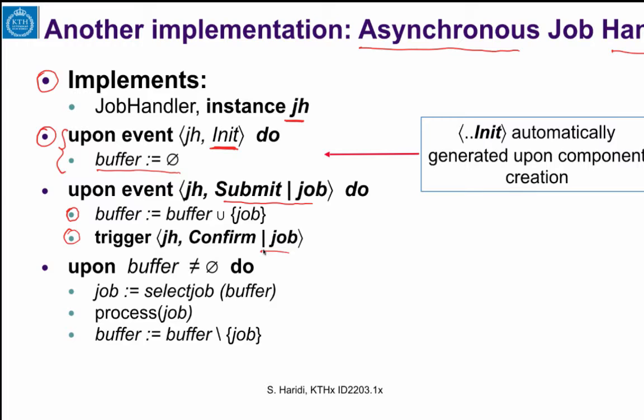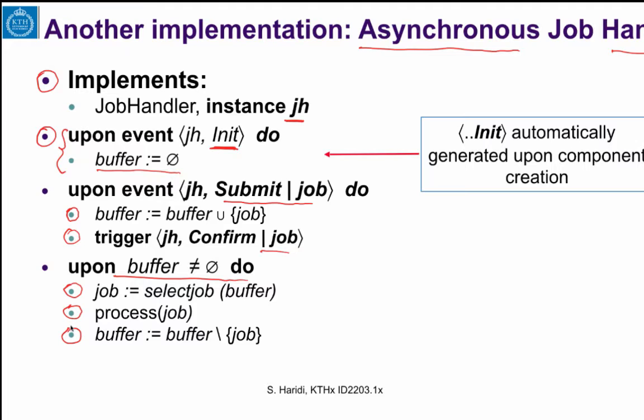And here is a specification where we don't specify an event as a message, but only as a state condition. Our state condition here is that the buffer is not empty. So while the buffer is not empty, we select a job from the buffer, one of the jobs in this set of jobs.